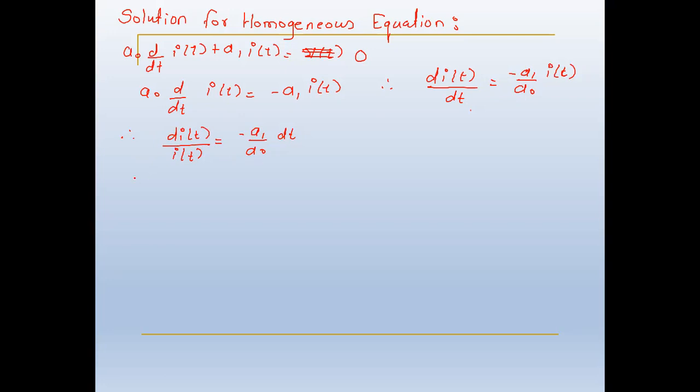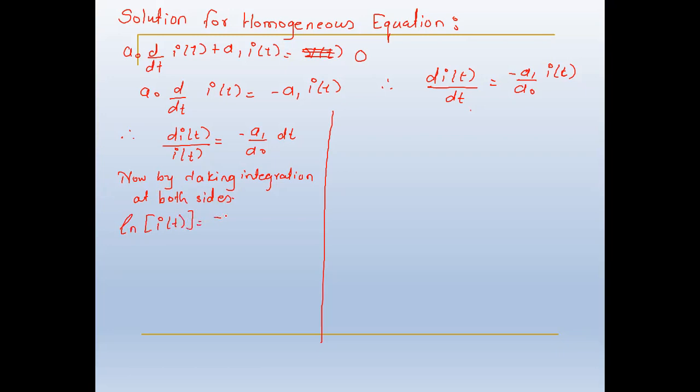Now, by taking integration on both sides, what we get is natural log of I of t is equal to minus a1 by a0 t plus c1, where c1 is the constant of integration.